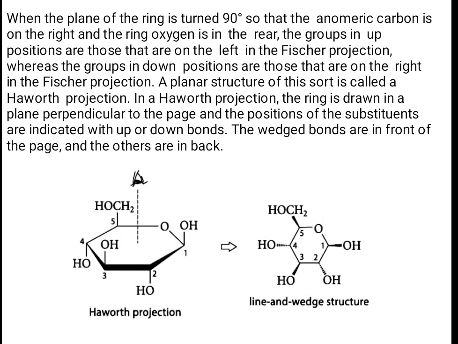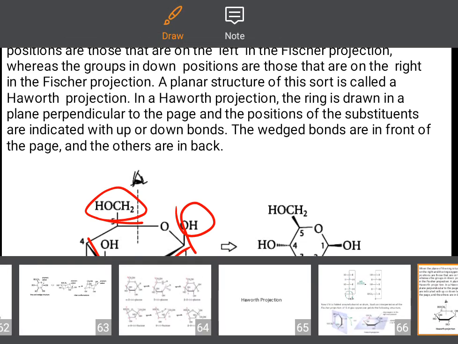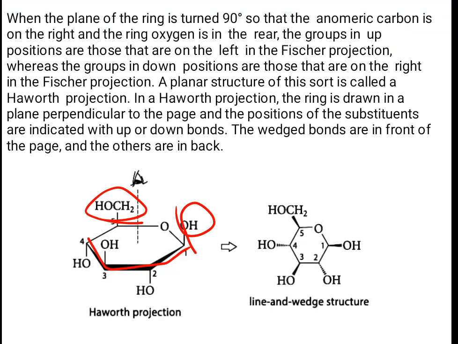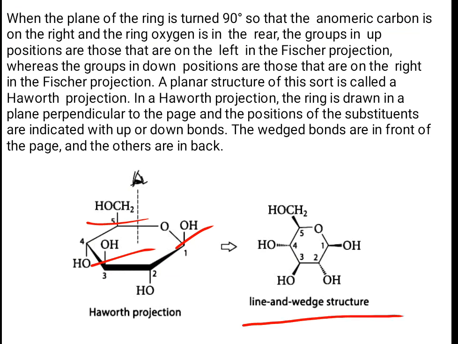So this is in front of you, and these groups, OH and CH2OH, these two groups are in the upside. Okay, this OH, OH and CH2OH. So if you take a line-weight structure, you have to make them bold.